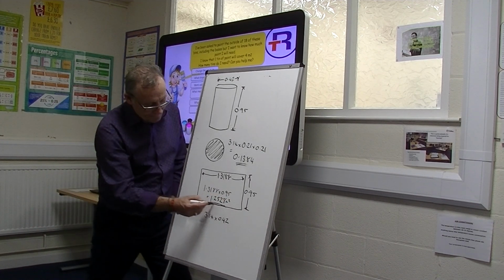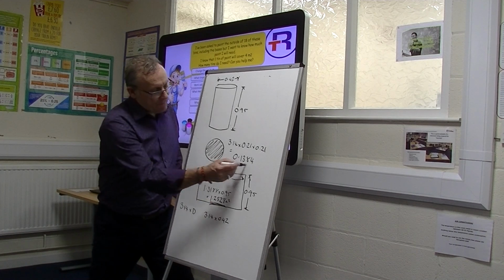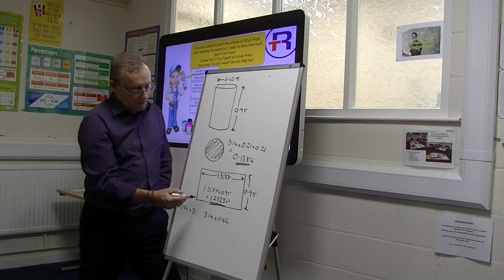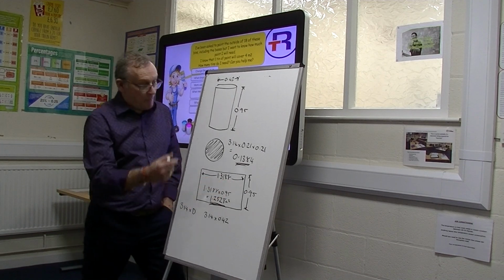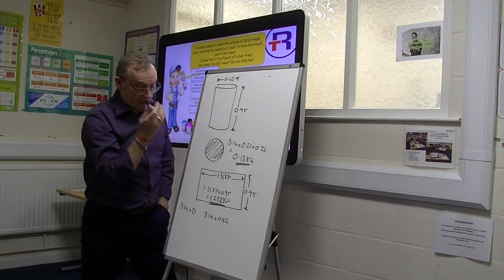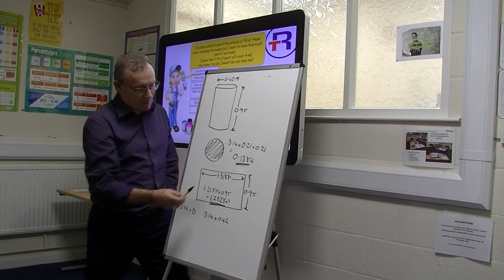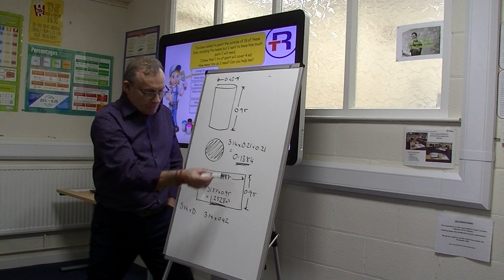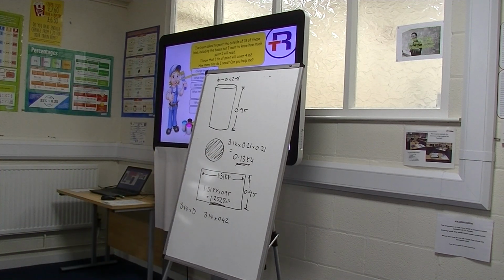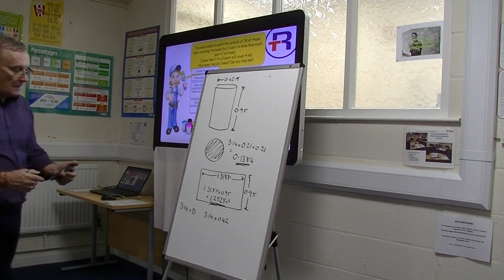So what have we got? We've got the area of the circular bin base, 0.1384. The area of the side of the bin, the cylindrical side, which is 1.2528. We're going to add those two together, which gives us the full area of one bin.